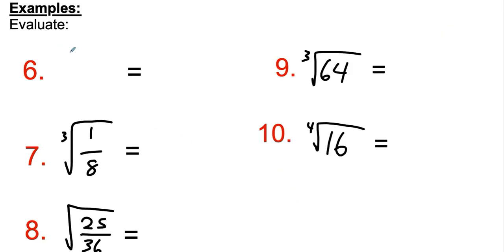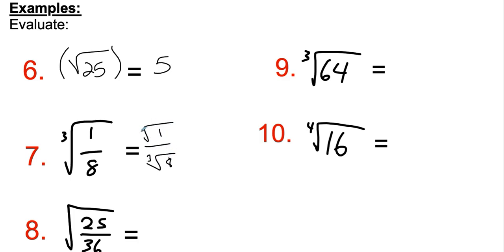Okay, and I lost my question here. Let's just say that this is going to be a basic square root like that. Okay. And this is just what number times itself twice is 25. That would be a 5. And then for fractions, you got to think about it like this. We split them up, where you cube root the top, cube root the bottom. And then that should make it a little bit easier.